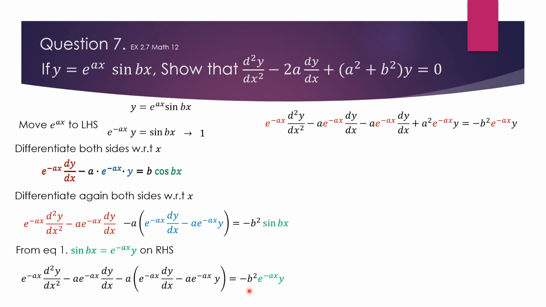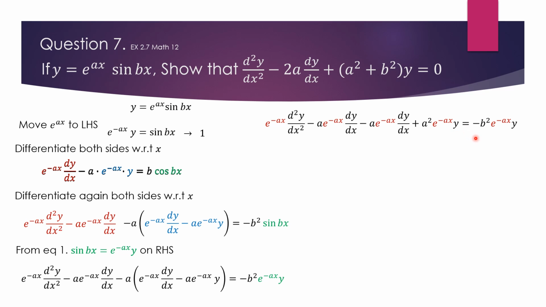Now simplifying the left hand side: e power minus ax d2y over dx square minus a e power minus ax dy by dx. Multiplying this a inside, this becomes minus a e power minus ax dy by dx plus, this minus a and this minus sign becomes plus a square e power minus ax y.